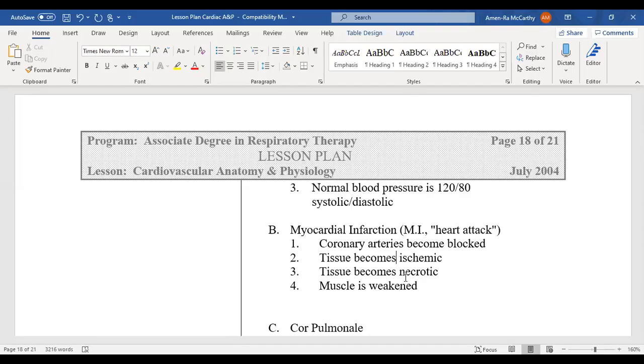Make sure you know your terms. Distal means past the blockage. I'm not worried about the tissue in front of the blockage because that's got plenty of blood. But the tissue that's distal to the blockage is going to be the problem because the blood's not getting there, okay? And so that becomes weak and necrotic.